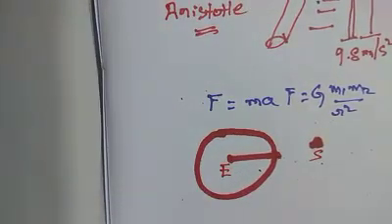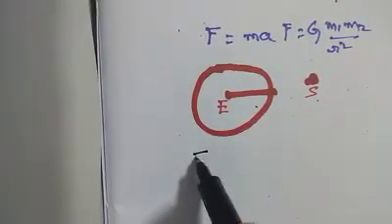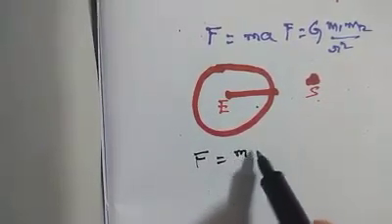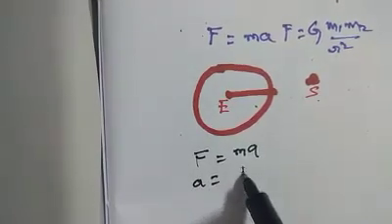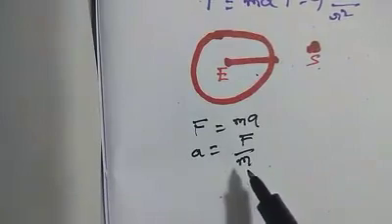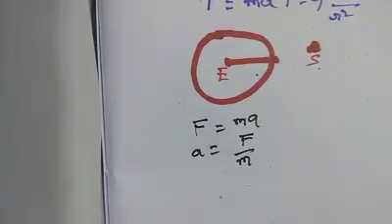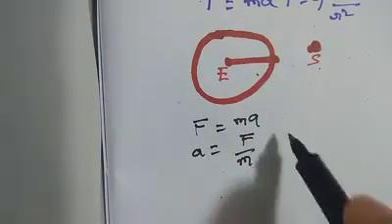Now what we can find right from here is that if we take the equation force equals ma, acceleration equals force by mass, right? Simple. So I put acceleration equals force by mass. Now, for example, I am trying to get the acceleration of the stone.